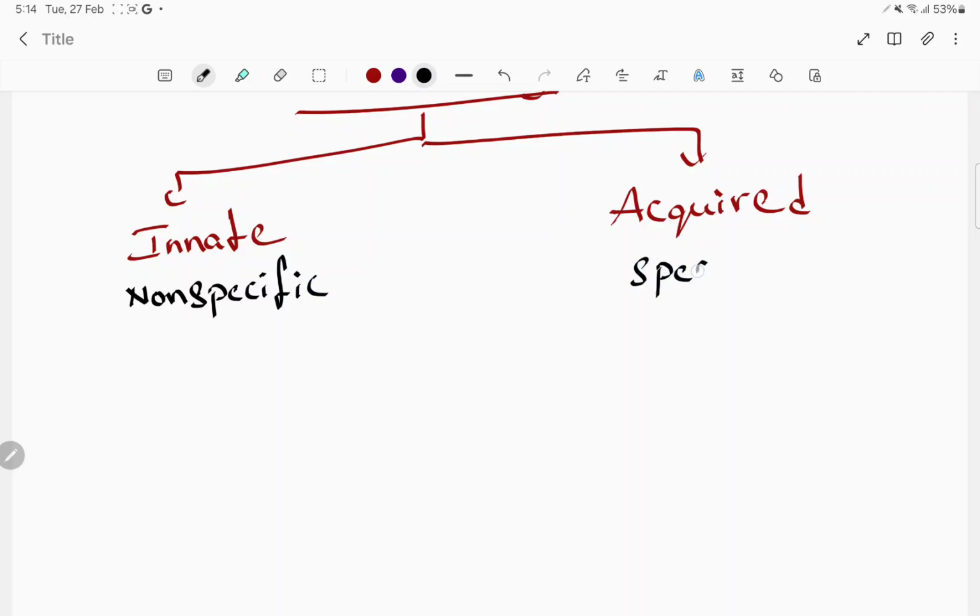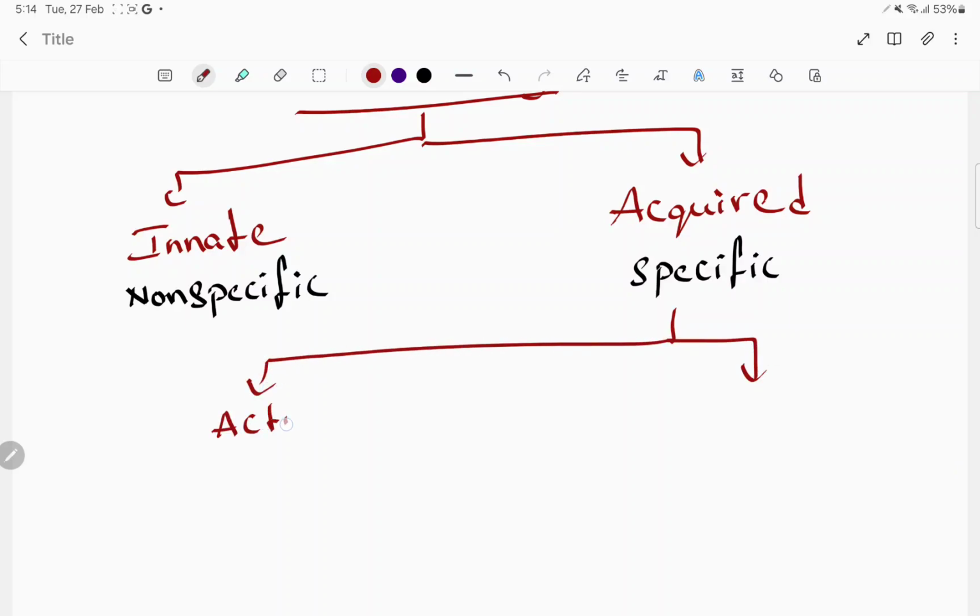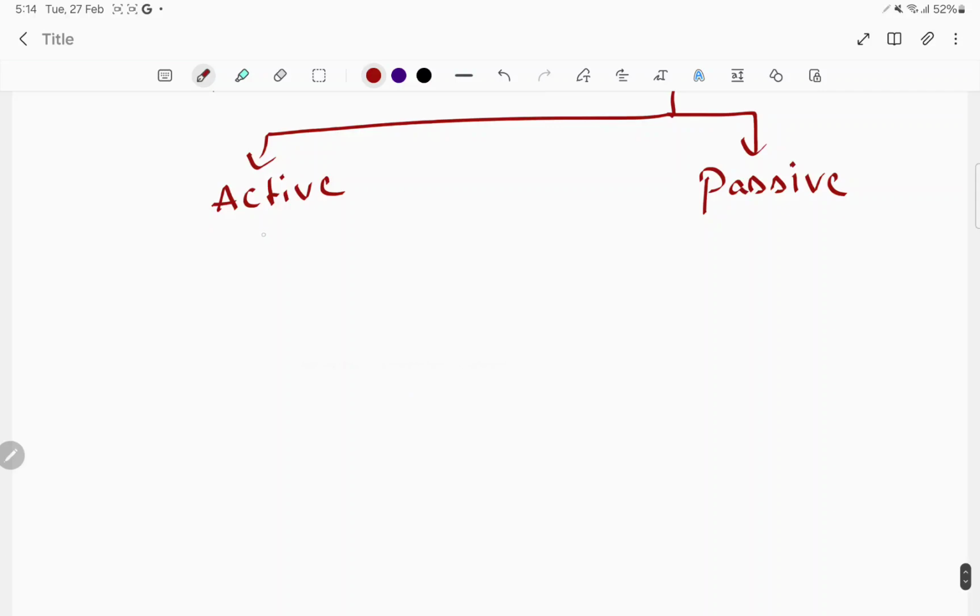Acquired is mostly specific. And again, in the acquired, we have active and passive. Active is where the antibodies are produced by our body. Passive is where the antibodies are not produced by our body.